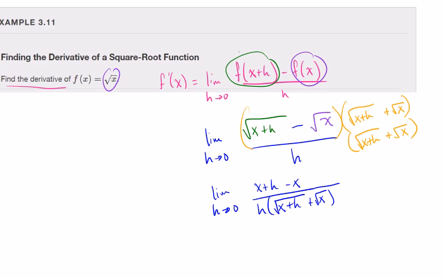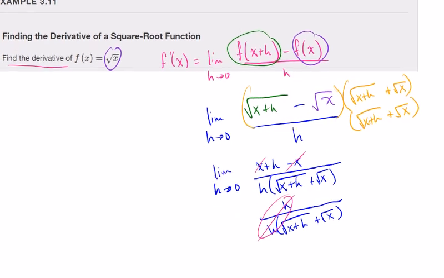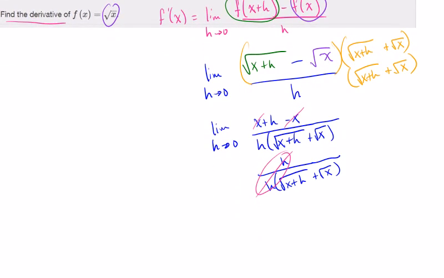And then we can see our x's cancel out here, and we just end up with h all over h, and then our binomial there. Now we can see the h's are going to cancel out, and that puts us in a good spot because now we can actually directly evaluate this limit.